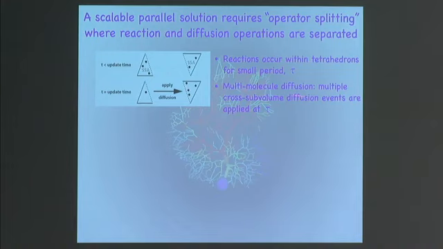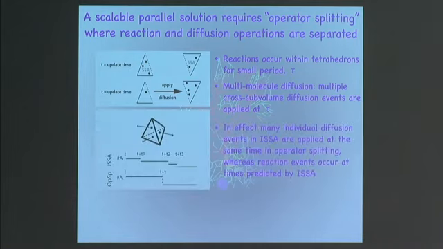And what's really important in doing this is to actually do this for multi-molecule diffusion. It's fairly simple to think about if you allow only one molecule to diffuse, but then your tau is going to be very small and your method is not going to be very efficient. So you want to allow for multiple molecules to diffuse.